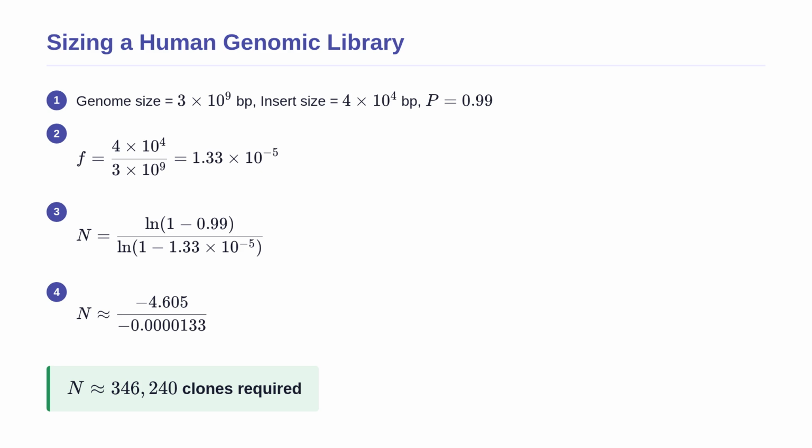We then substitute our desired probability and this fraction into the Clarke-Carbon equation. The numerator represents our target failure rate, and the denominator represents the probability of not picking our sequence in a single draw. Dividing these natural logarithms gives us our final answer. We must screen over 346,000 clones to guarantee success.